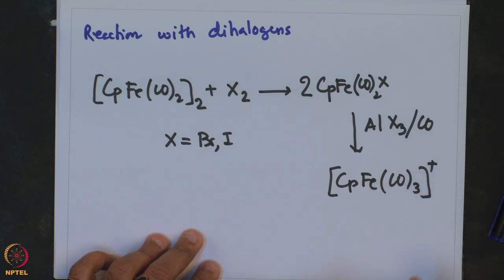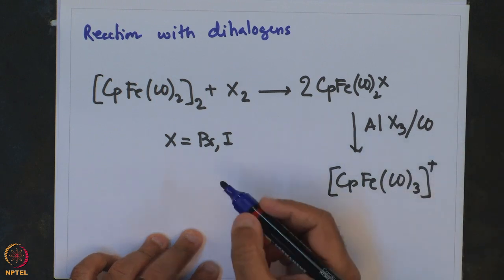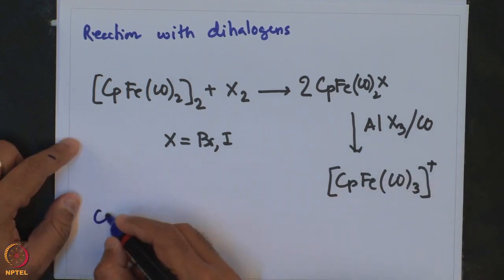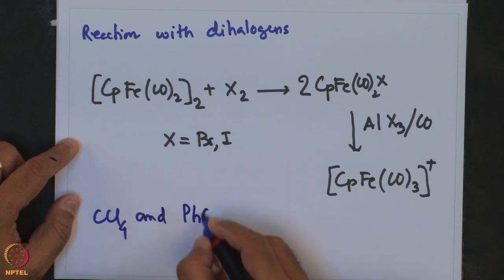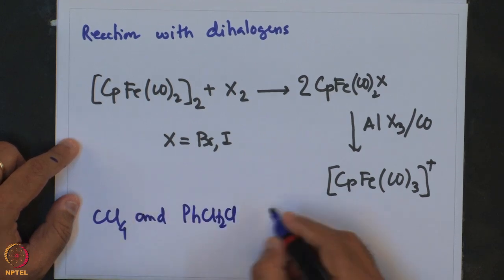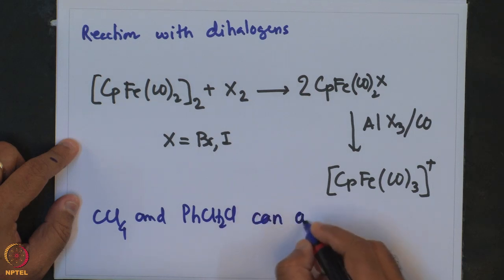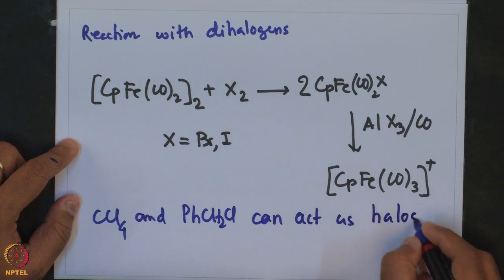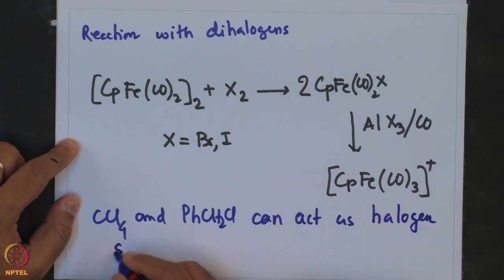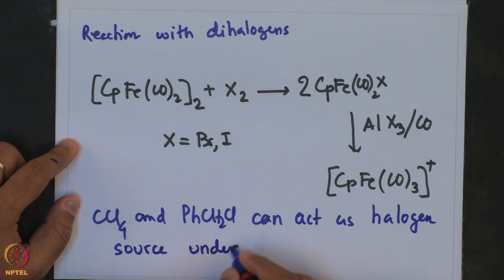Many times even CCl4 and benzyl chloride, PhCH2Cl, can act as a halogen source under photochemical conditions.